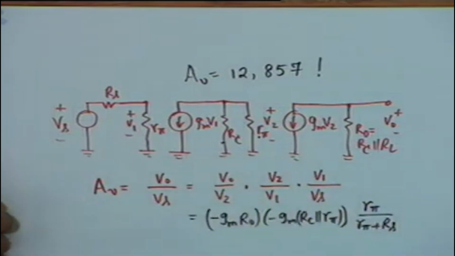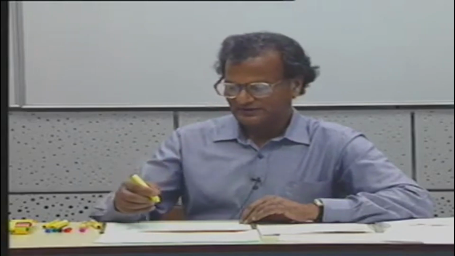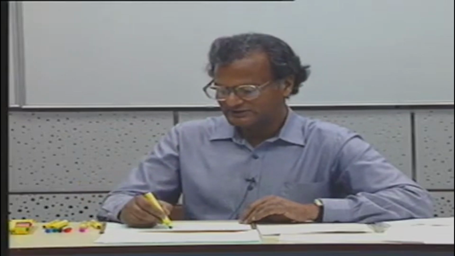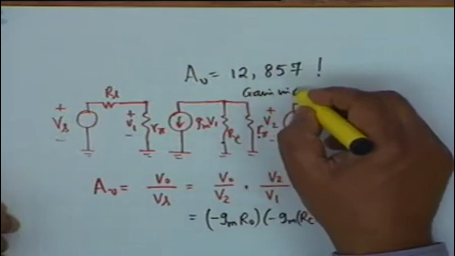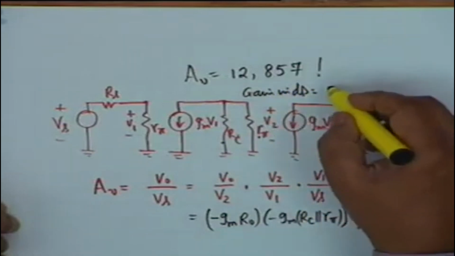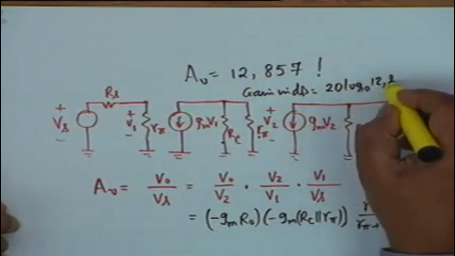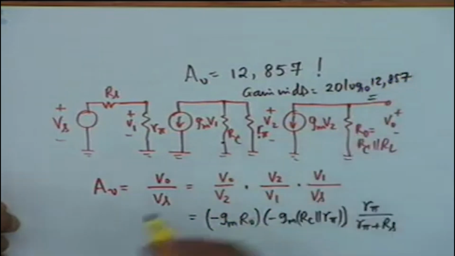We have not asked for very sophisticated transistors. They are commonly available, beta equal to 100. That is not a very large beta transistor. All right. Now such a large number usually, as you know, is expressed in decibels. If you want to express in decibels, then you should take 20 log 10 of this number, and I leave it to you to calculate how many decibels this shall be.